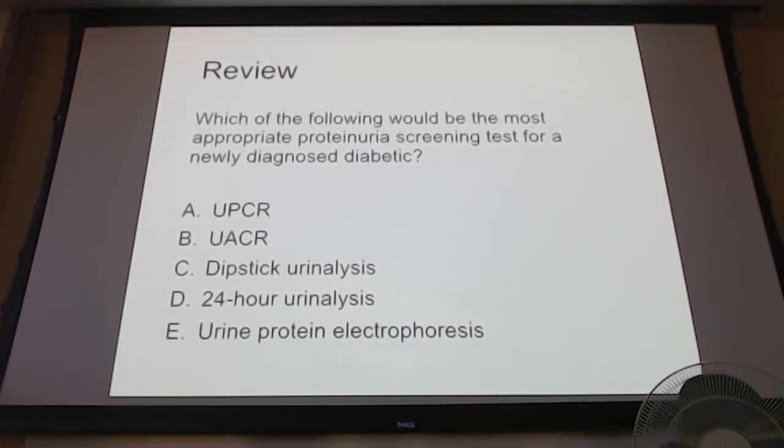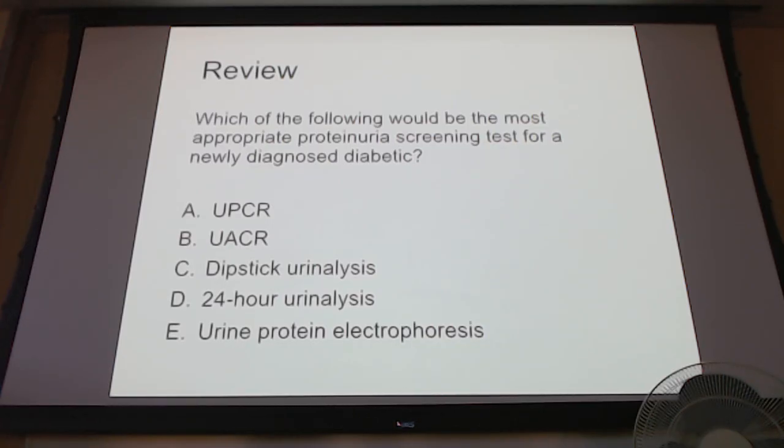So if their urine albumin creatinine ratio is off, then you might say, okay, we need to do a 24-hour urine collection for proteinuria. But urine protein creatinine ratio doesn't tell you what you really want to know, because you want to know something specific, not all protein.